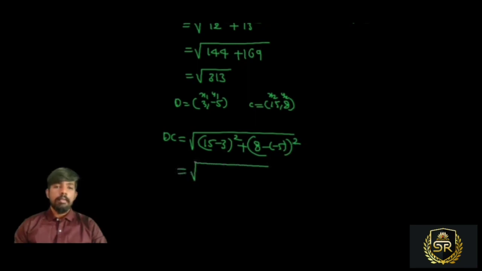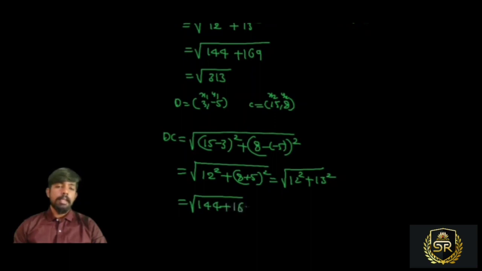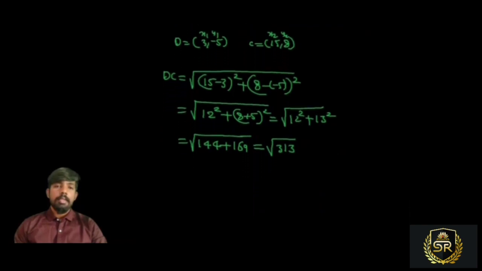So 15 minus 3 is 12 square, plus 8 plus 5, minus into minus is plus, 13 square. Root over 12 square is 144, plus 13 square is 169. If I add them together, I get 313. Same, root over 313. Therefore, both distances are equal.